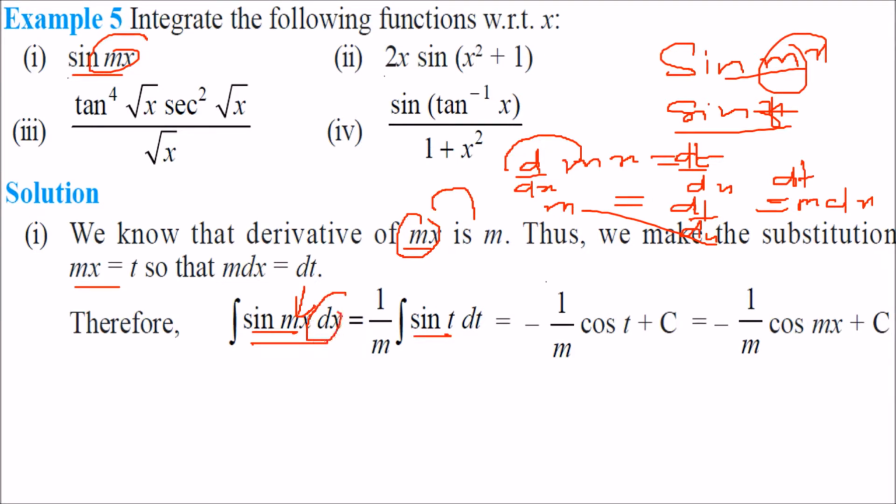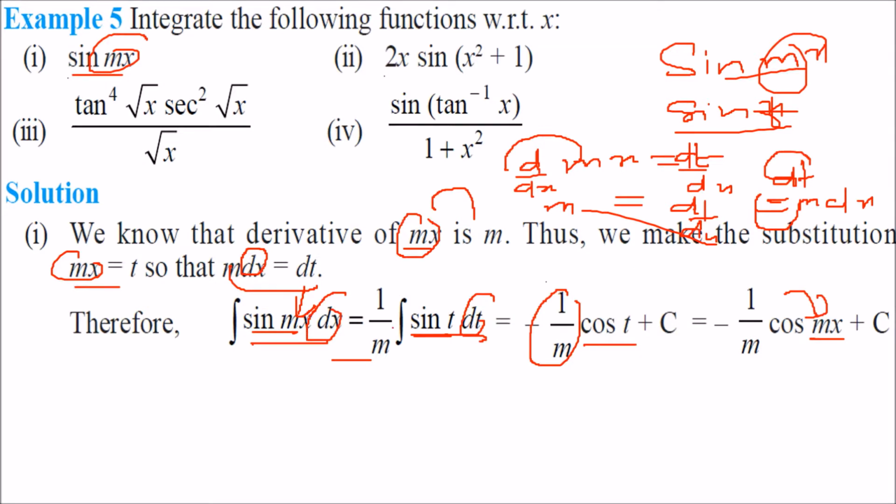And for dx, we'll write dt by m. M will come outside. Sine t integral we know, this is minus cos t. This 1 by m remains here. But t we have assumed to be mx, so we have to replace it with the original. So we'll replace this t with mx.